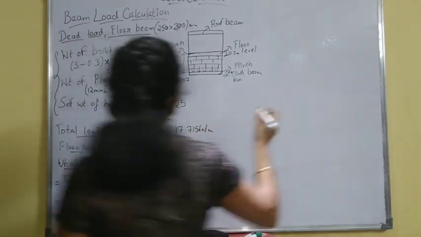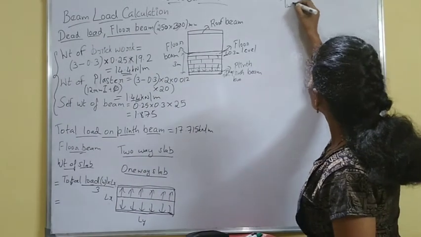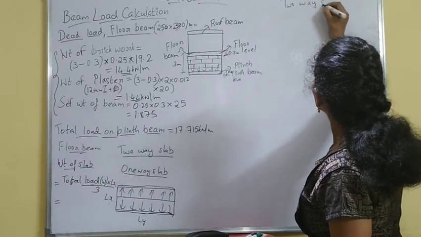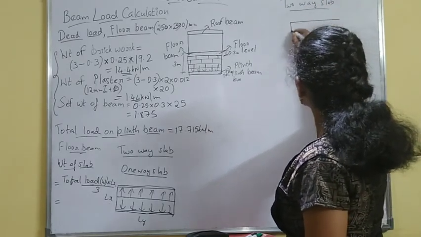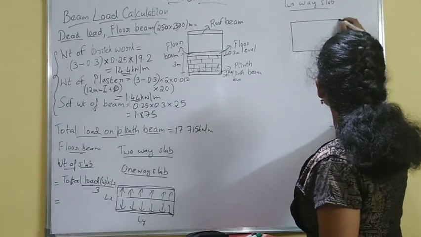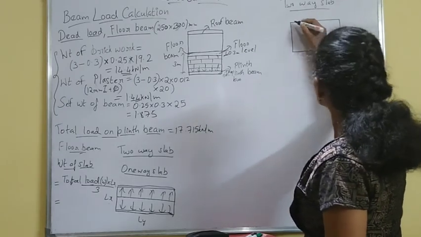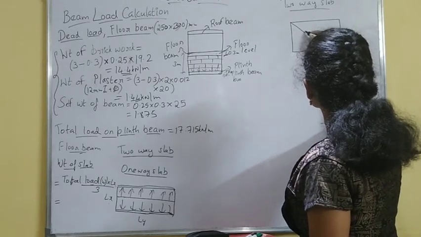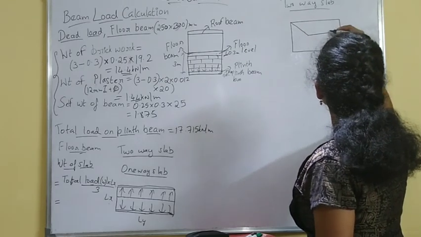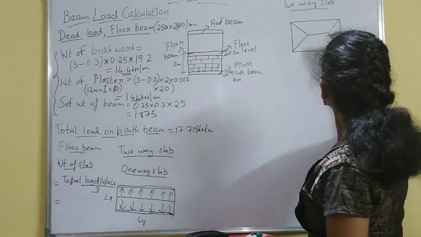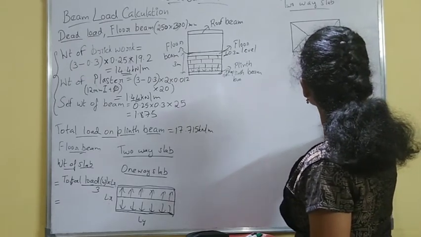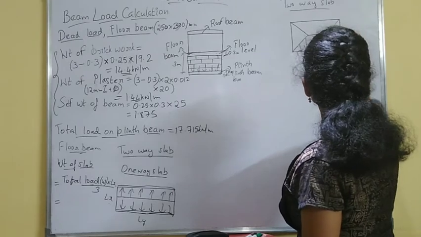Suppose your slab is two-way. For a two-way slab, the load distribution diagram is this. So your load distribution in this space will be like this.